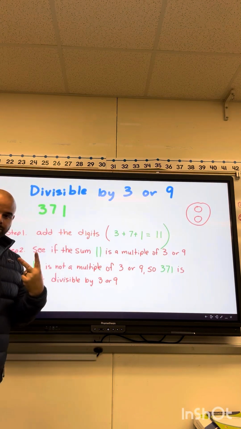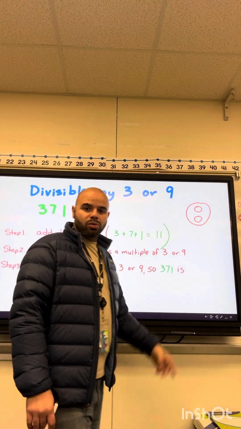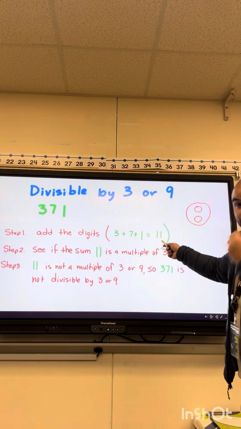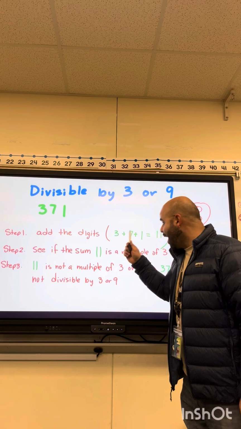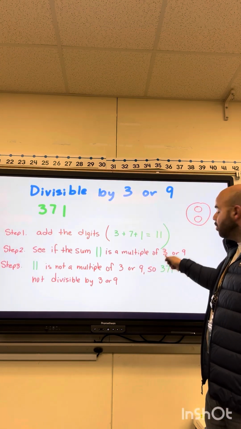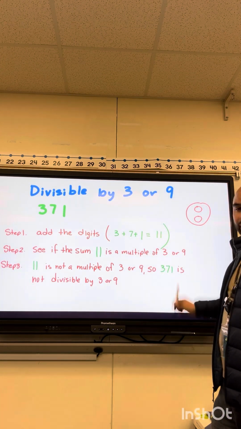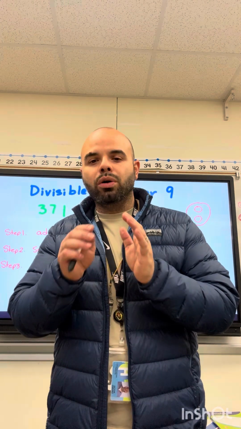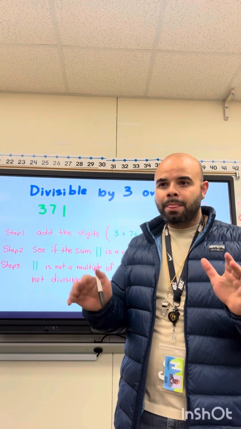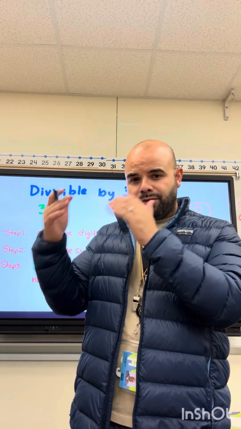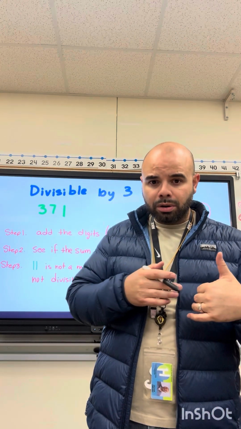Step number 2, you take the answer that you got from the addition, which in this case is 11, and you see if that 11 is a multiple of 3 or 9. They've been confusing the words divisible and multiple. They're two completely different things. Divisible is if you could divide a number by another number.